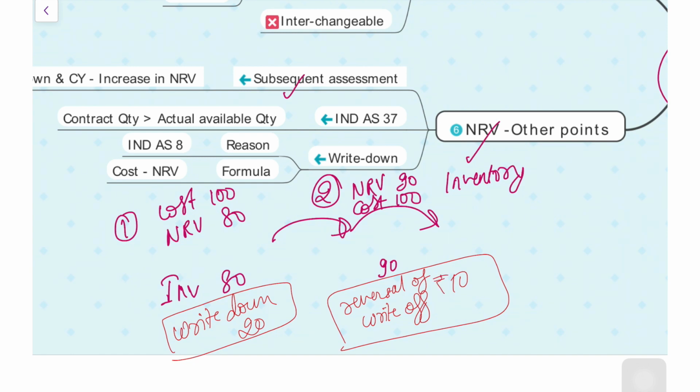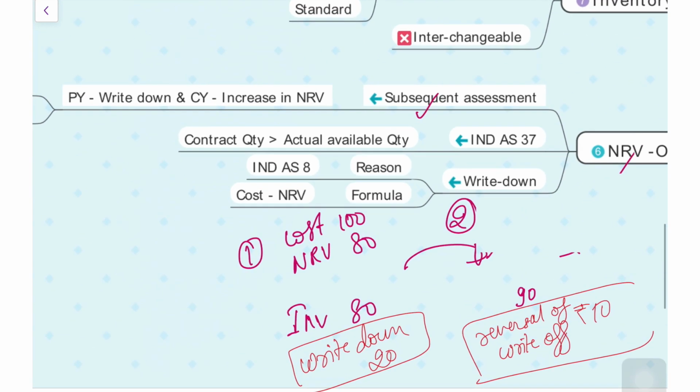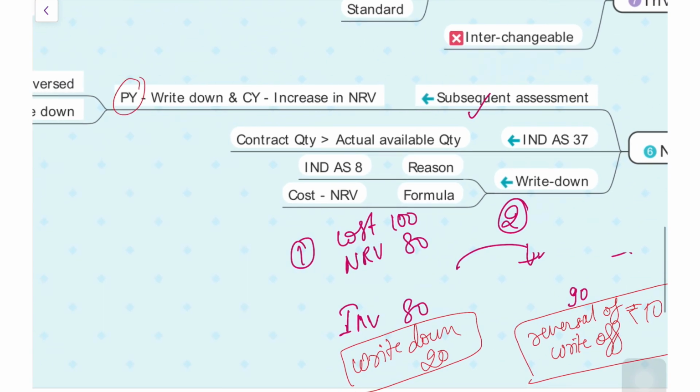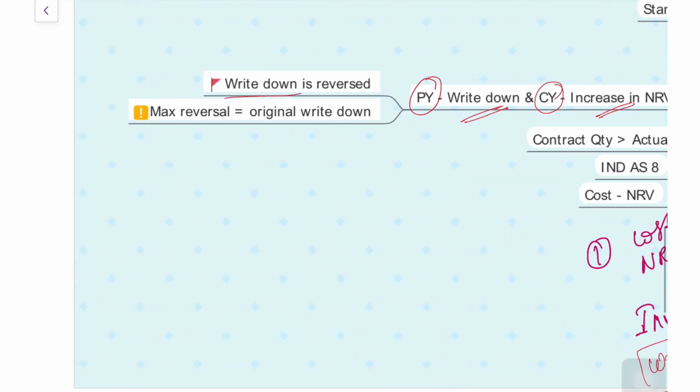So you do a reversal of write-off and bring it up to 90 again. In a subsequent assessment, if in the previous year you have written down the value of inventory, but in the current year there is an increase in the value of inventory, then whatever you have written down last year, first you have to reverse it.